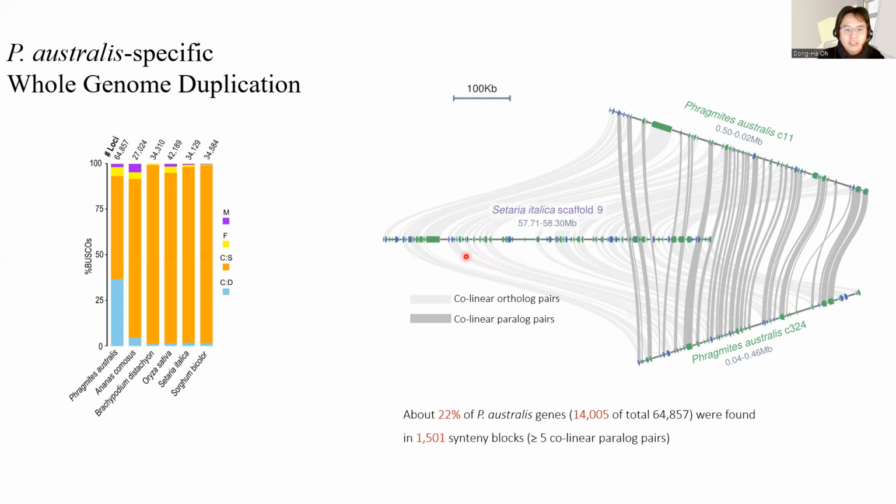And while others are just duplicated, many of them are selectively kept in each copy. This is because perhaps when the Phragmites genome was first duplicated, there is, like, a plant scientist called it, say that the plant became a polyploid.